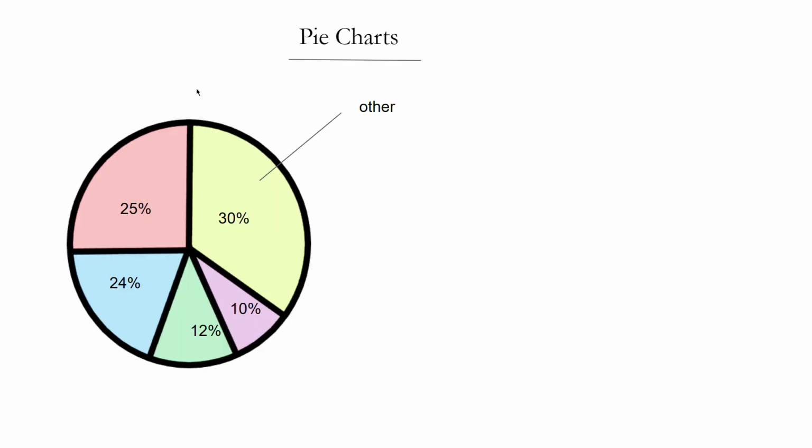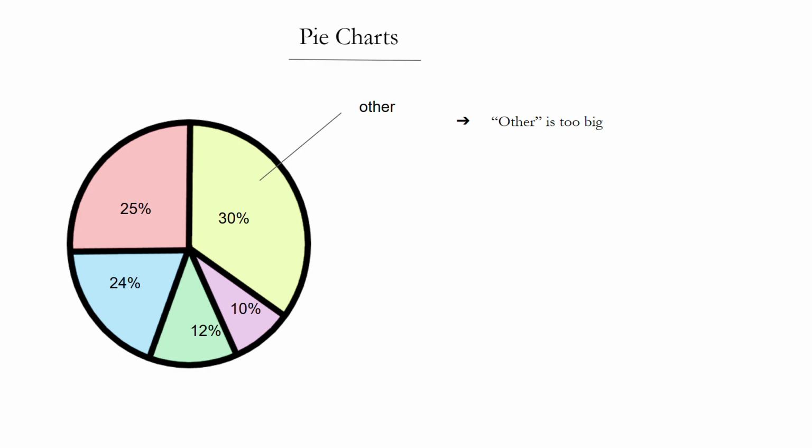Let's look at this pie chart here. The yellow part that's right here is the other section. The reason why I consider other in this situation as too big is because firstly it's the biggest part of this pie chart, and let's go through why there is even an other section in a pie chart.